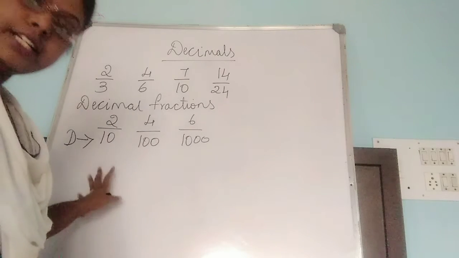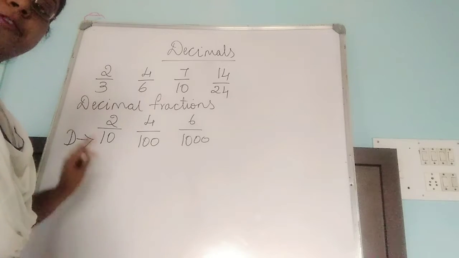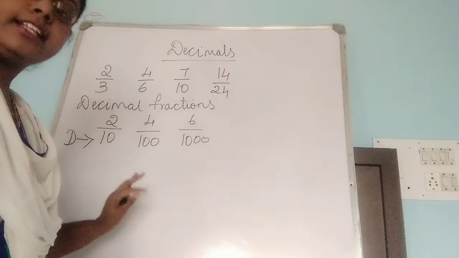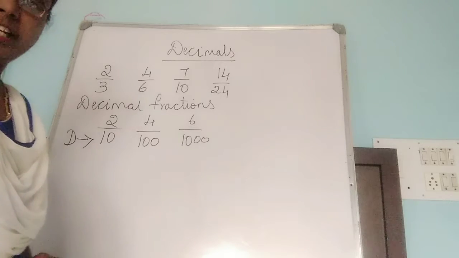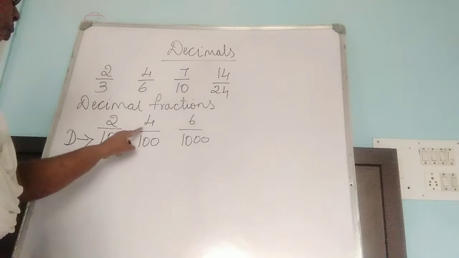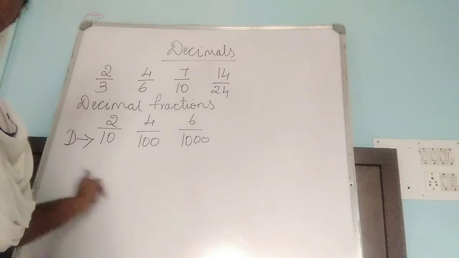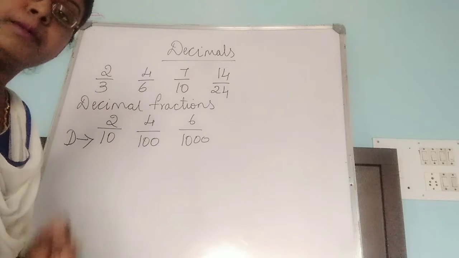In simple words, any fraction having a denominator that is a product of tens is called a decimal fraction. So 2 by 10, 4 by 100, 6 by 1000, all these are called decimal fractions.